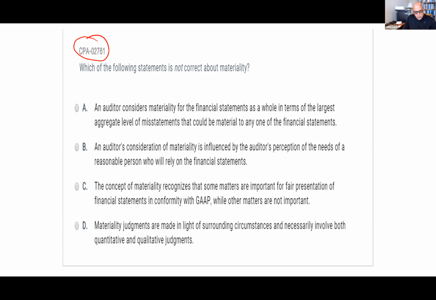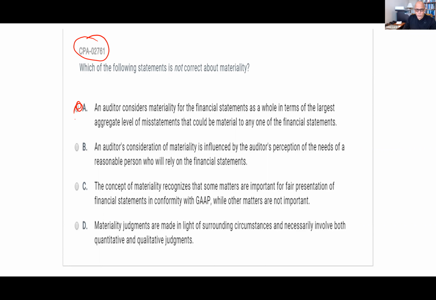Okay. An auditor's consideration of materiality is influenced by the auditor's perception of the needs of a reasonable person who will rely on the financial statements. Yeah, that's correct, so that's not the right answer. Right now I'm thinking A is the right answer, but I always like to read through the rest of these. The concept of materiality recognizes that some matters are important for the fair presentation of financial statements in conformity with GAAP, while others are not as important.